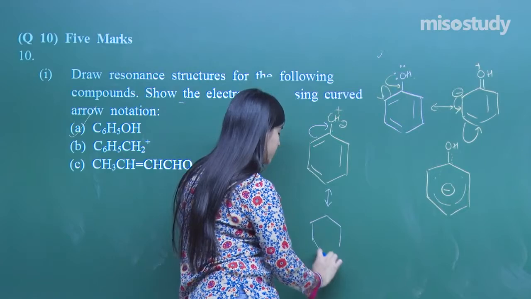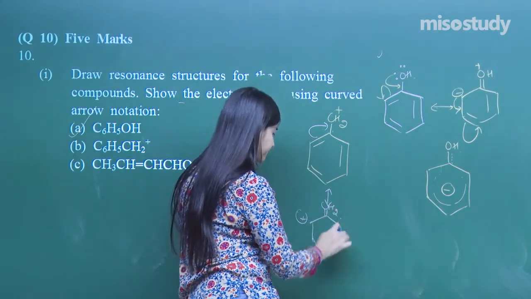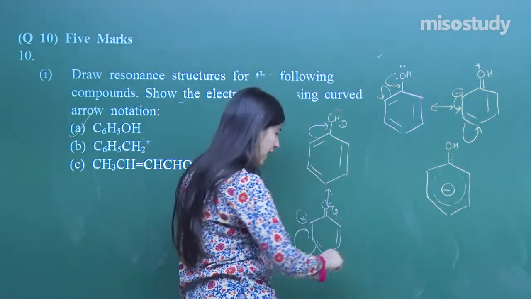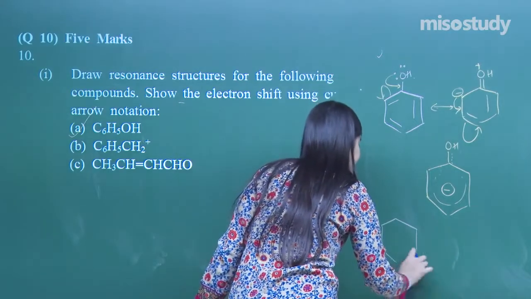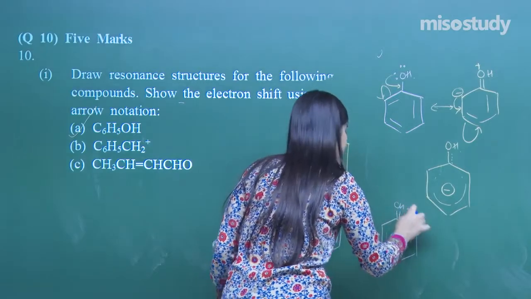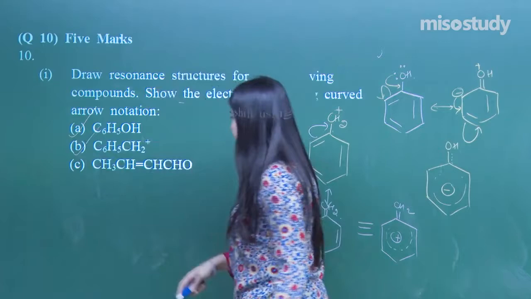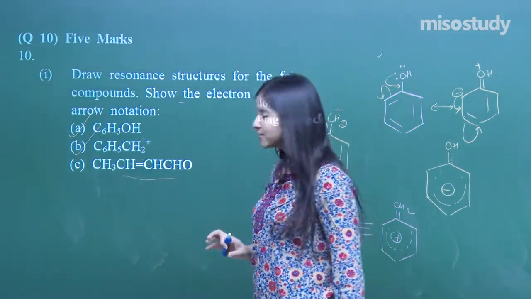A positive charge will be created here, right? Double bond here. Again jump on the floor. And so what you obtain as a resonance hybrid is this. Right? Clear?